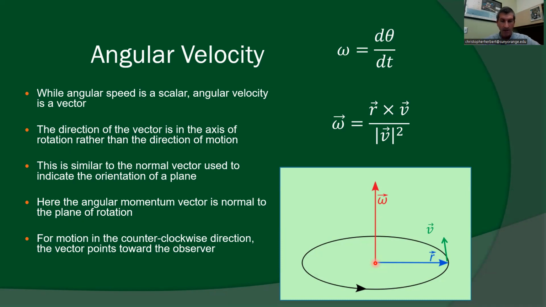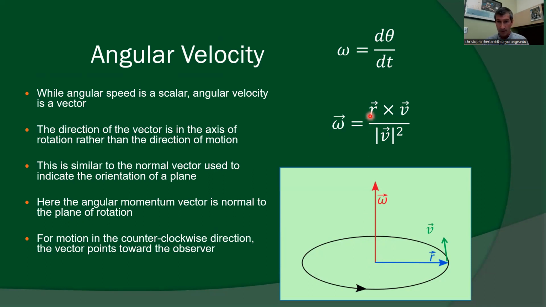In fact, the plane of rotation represents an infinite number of vectors in the X and the Y direction. What is unique about the plane is the normal to the plane, and the angular velocity vector is perpendicular to the plane, or normal to the plane, to use more precise language.